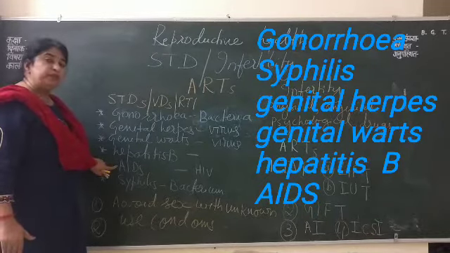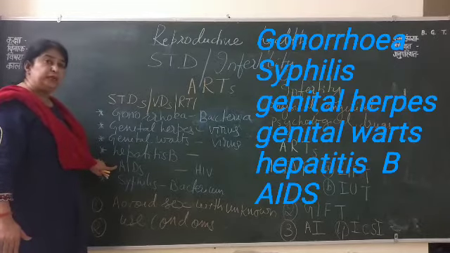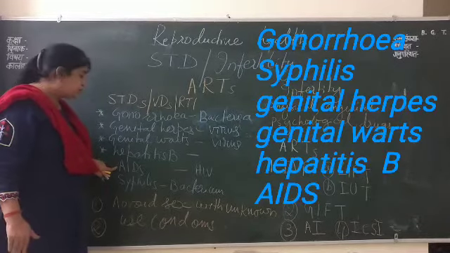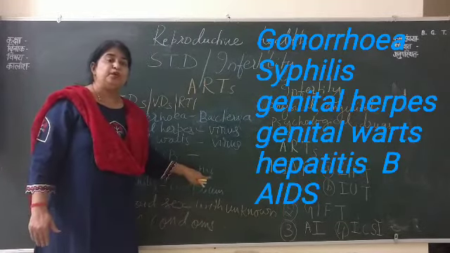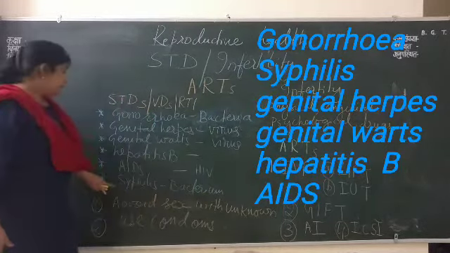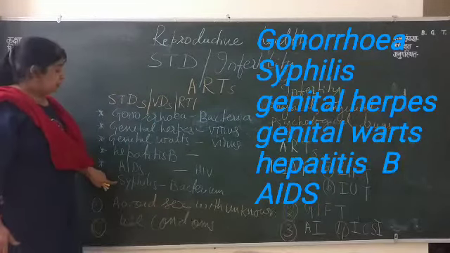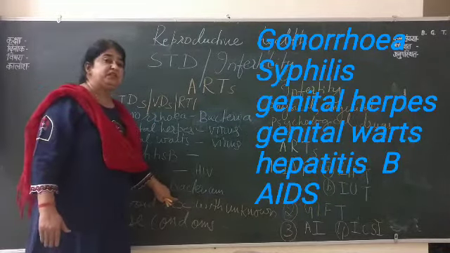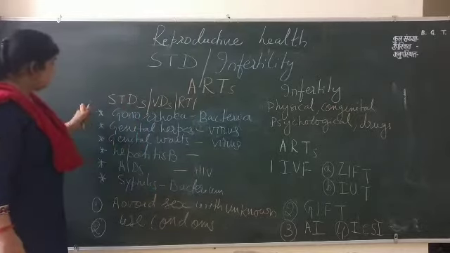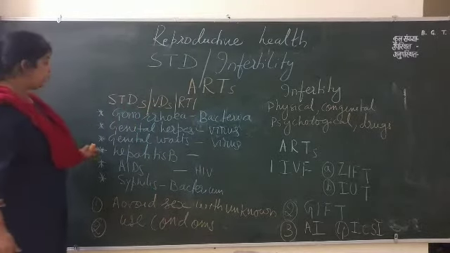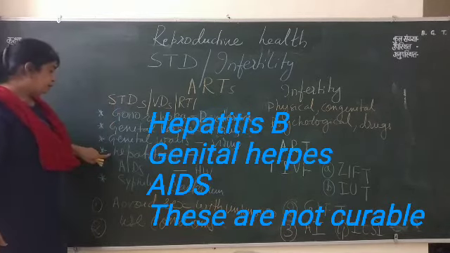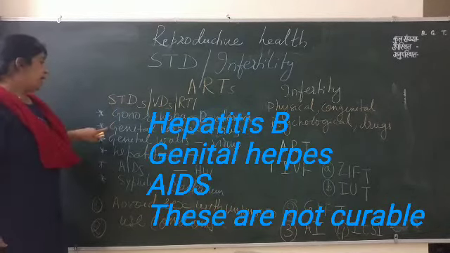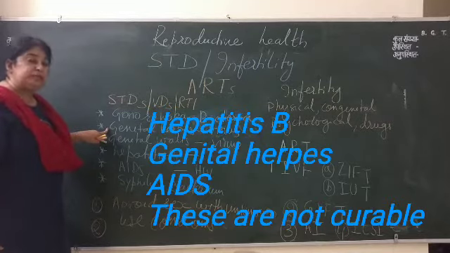Then of course everybody knows about AIDS, acquired immunodeficiency syndrome. It is caused by human immunodeficiency virus. Then syphilis, it is also a bacterial disease. So all these diseases are curable except hepatitis B, AIDS, and genital herpes.